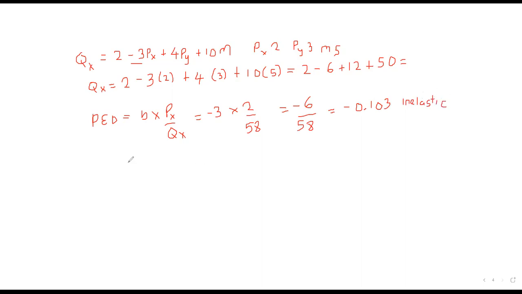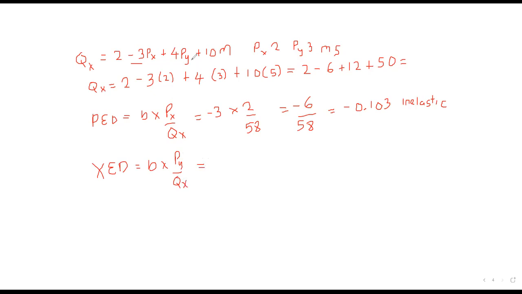And when we go to cross price elasticity of demand, it's crossing from good X to good Y. So we're going to look at the slope times the price of Y over the quantity of what? Of X. So it's moving from good X to good Y. It's crossing.